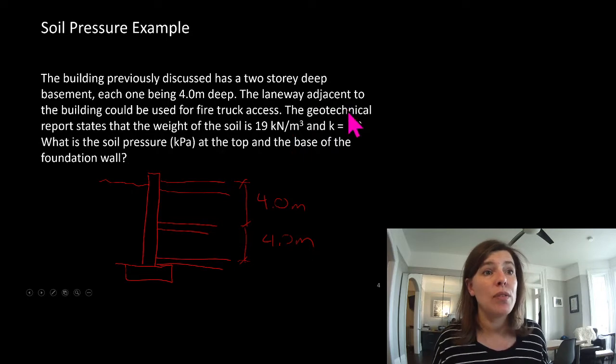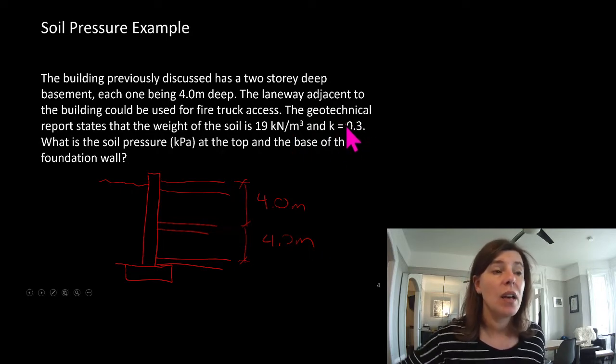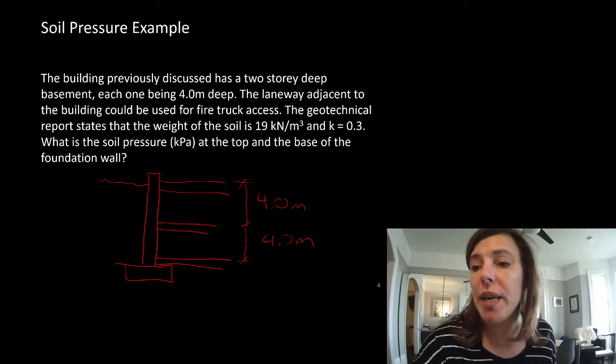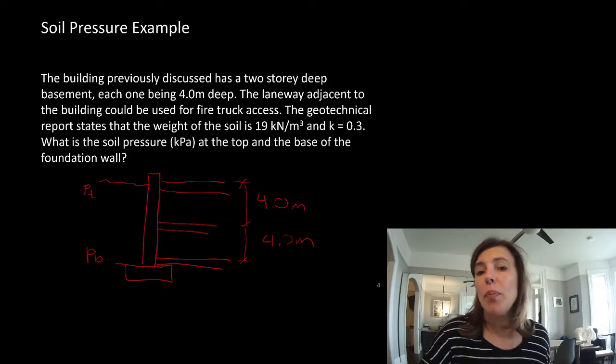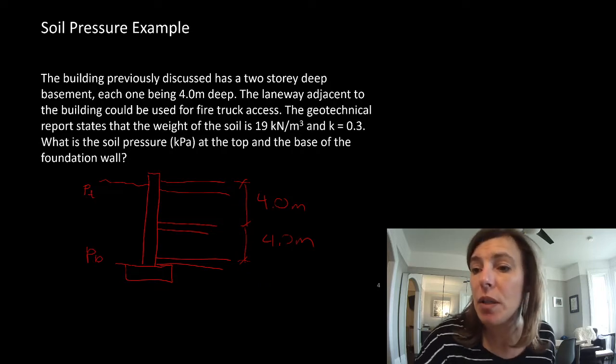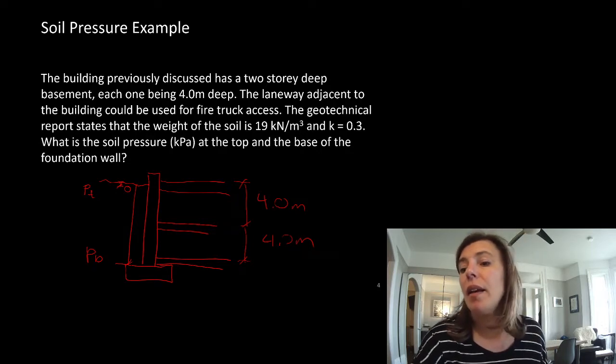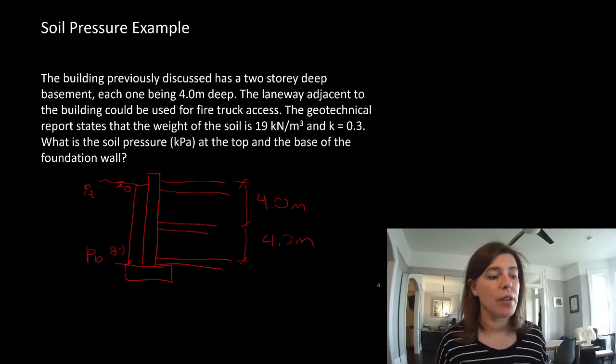They've given us the weight of soil, and they've given us what the K is. We want to know what P is at the top and what P is at the bottom. So we want to know at a depth of 0, and at a depth of 8 meters.